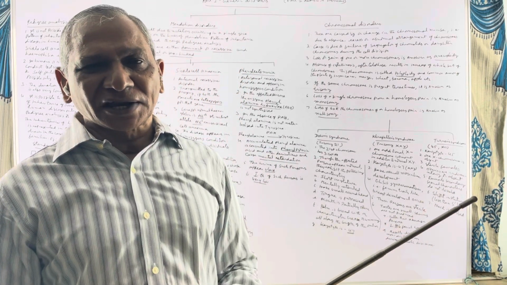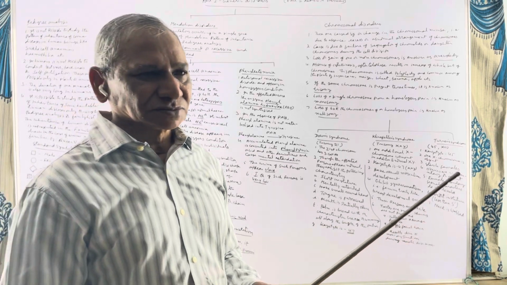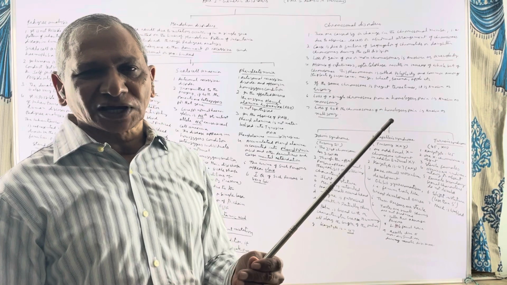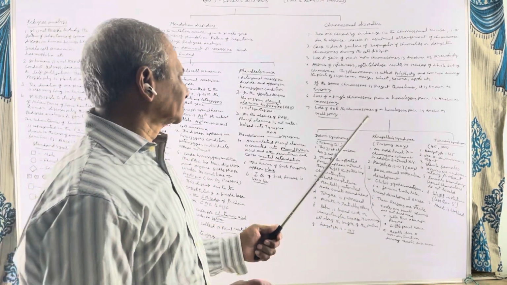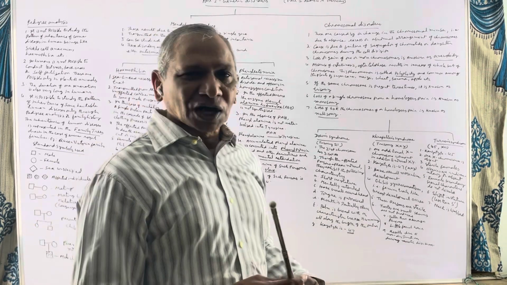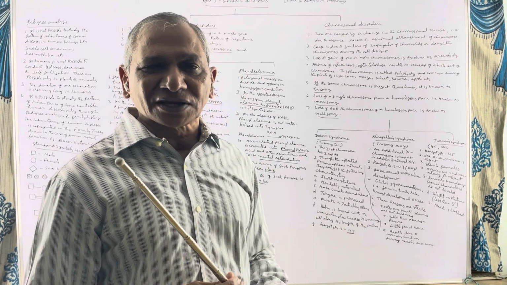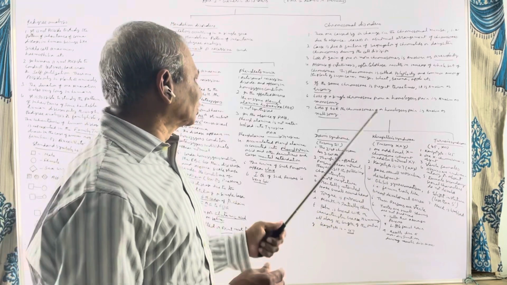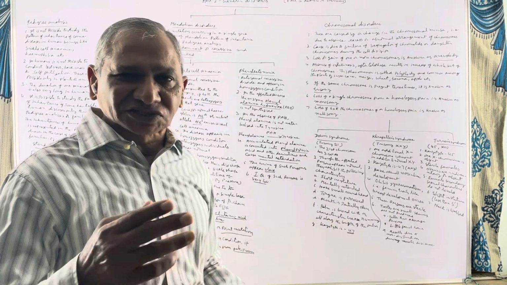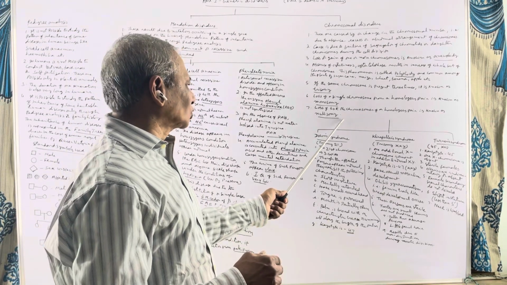That is known as trisomy. So trisomy means instead of 2, 3 chromosomes occur in a homologous set. Monosomy. If one of the homologous chromosomes is missing or lost, it is called monosomy. If both the homologous chromosomes are lost, it is called nullisomy.